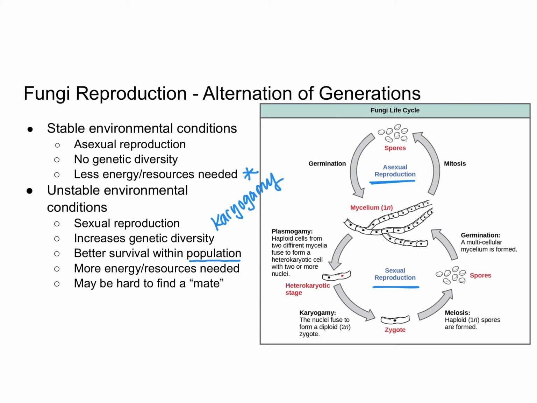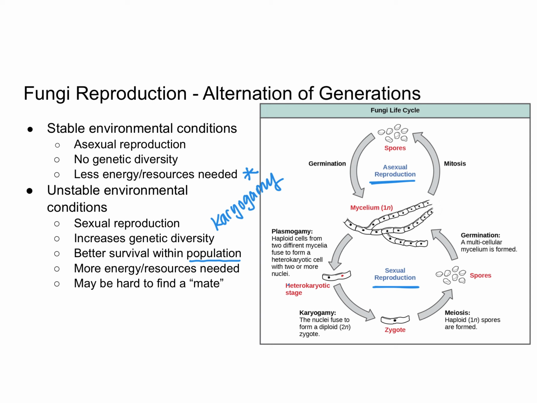So it doesn't necessarily mean that the individual spores are going to have a better survival advantage. It means that some of them are going to survive and others are not. But overall, as a population, at least some of those spores are more likely to survive and reproduce.